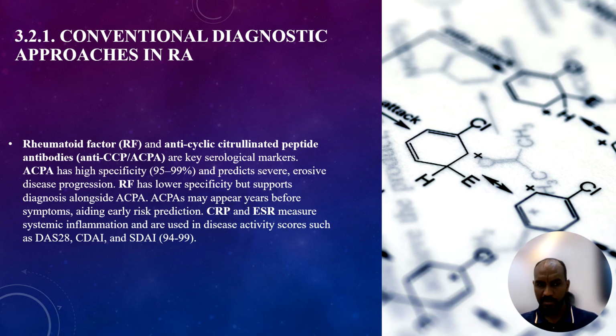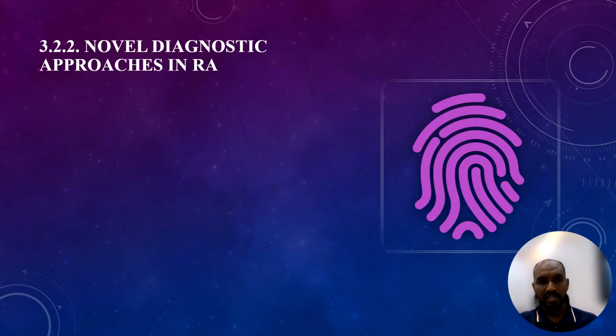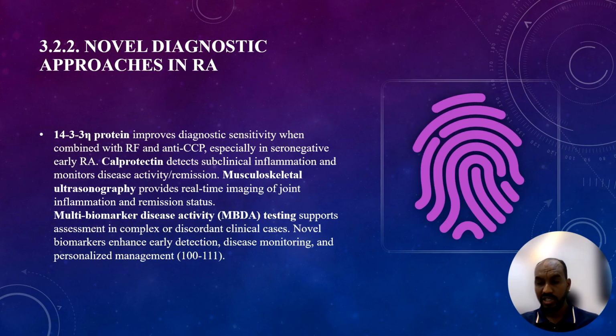Rheumatoid factor has lower specificity but is supported with anti-CCP antibodies. We also have C-reactive protein and ESR measures. They can be used as a score, but they have low sensitivity. The novel diagnosis approach, such as 14-3-3 protein, improves the diagnosis sensitivity when combined with rheumatoid factor and anti-CCP.